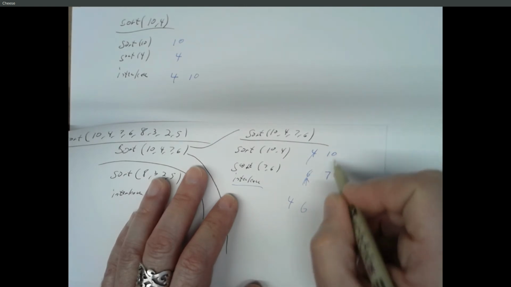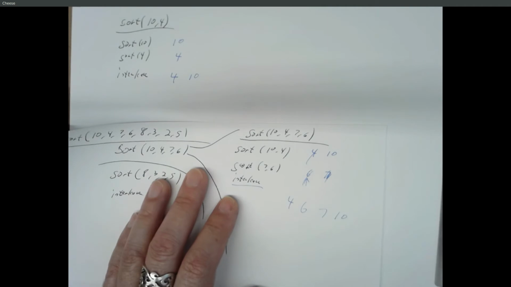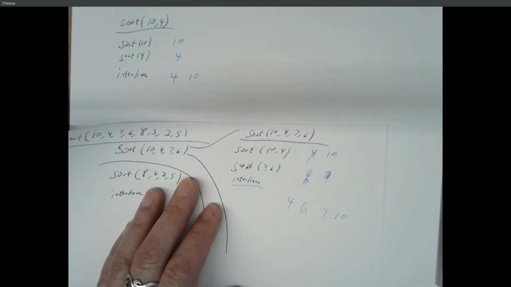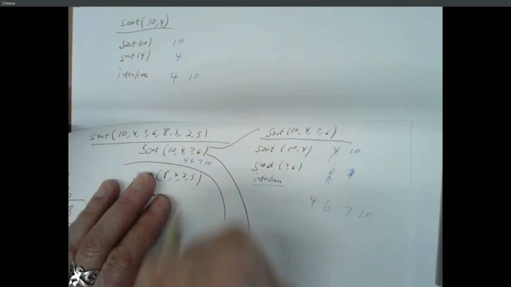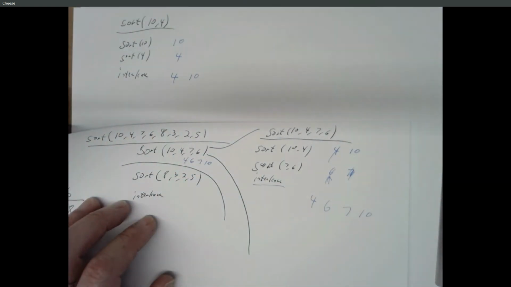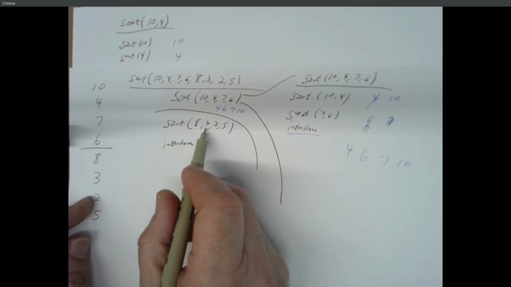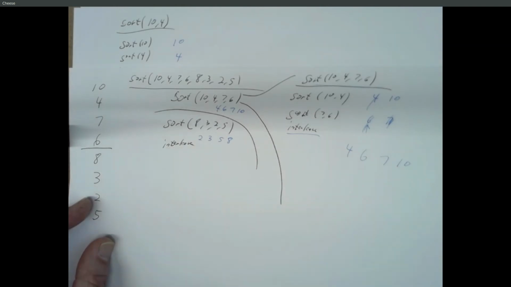Pick the smallest of 10 or 7, that's a 7. Pick the smallest of 10 or nothing, that's a 10. And we're done with this sort of 10, 4, 7, 6. So this is going to return 4, 6, 7, 10. Then the whole thing repeats when we get to our second call, which says sort 8, 3, 2, 5, and this is going to return 2, 3, 5, 8.